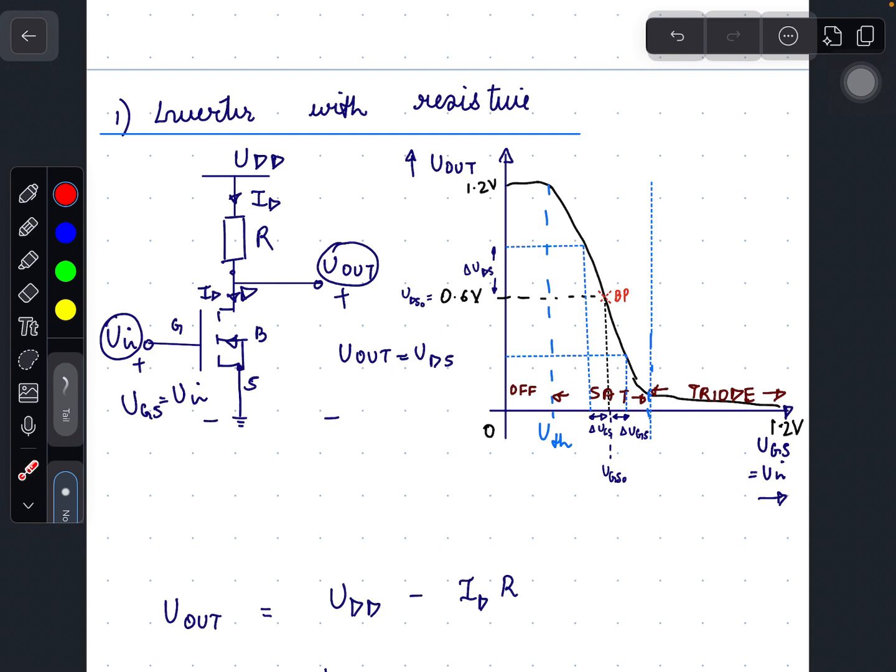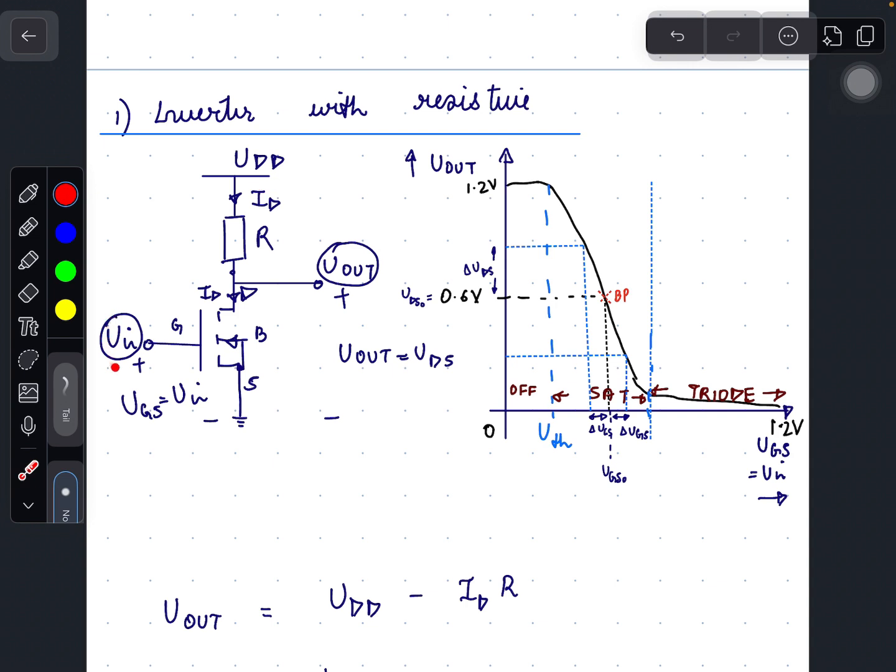This circuit acts like an inverter. So when the input voltage, that is Uin, equals 0, the output voltage should be high, that is UDD. So when Uin equals 0, the MOSFET is off, so the output voltage Uout equals UDD, as drain current ID equals 0.